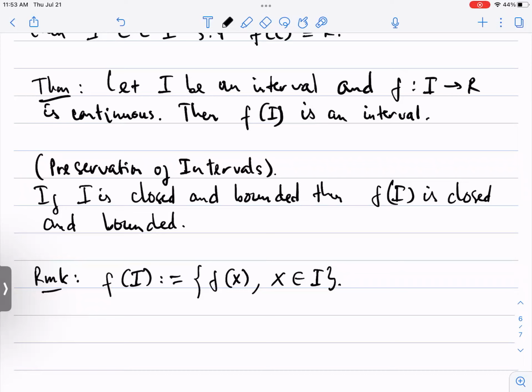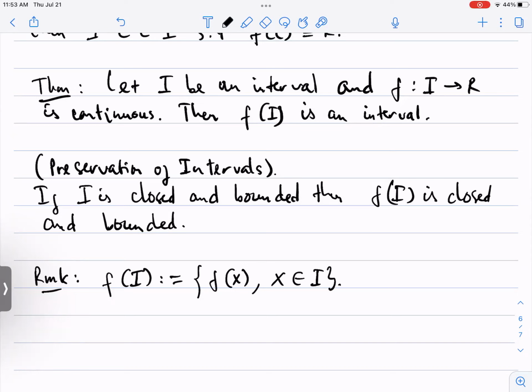So in this section, we discuss a very important theorem for continuous functions on an interval. And this is important because it allows us to study not just the continuous function, but the mapping induced by this continuous function.